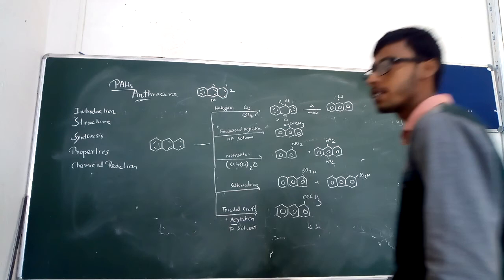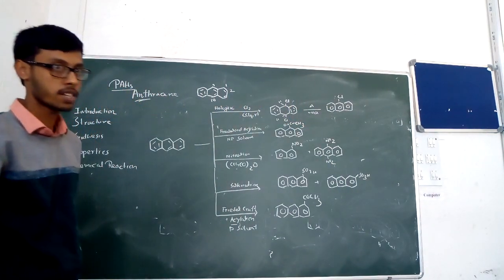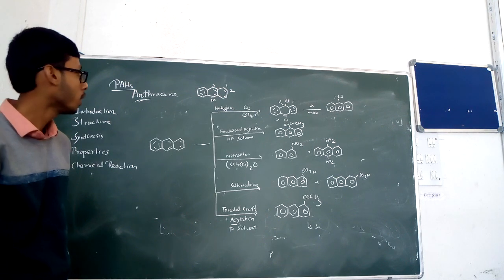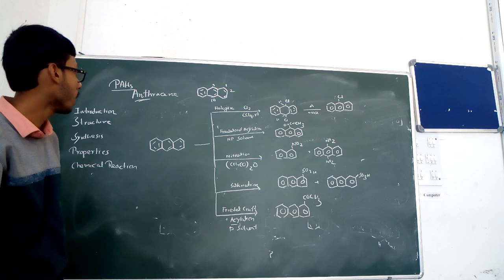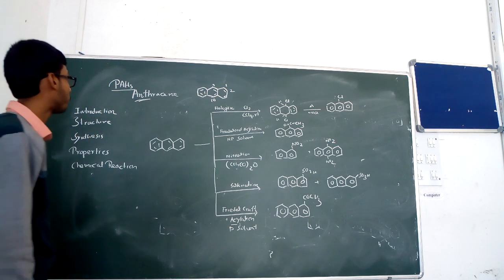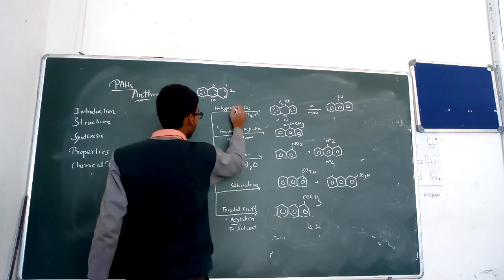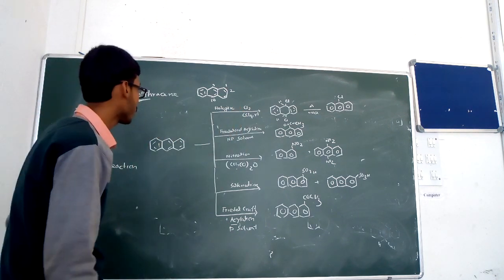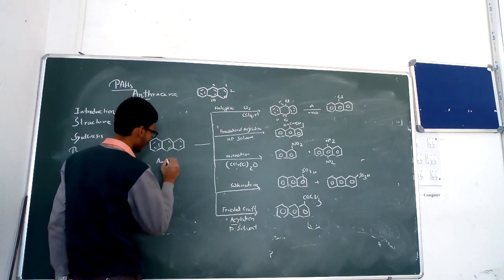We already discussed the electrophilic substitution reaction and attack positions, 9 and 10 for anthracene, and here are the various examples. First is halogenation, when anthracene reacts with a halogen like chlorine or bromine.